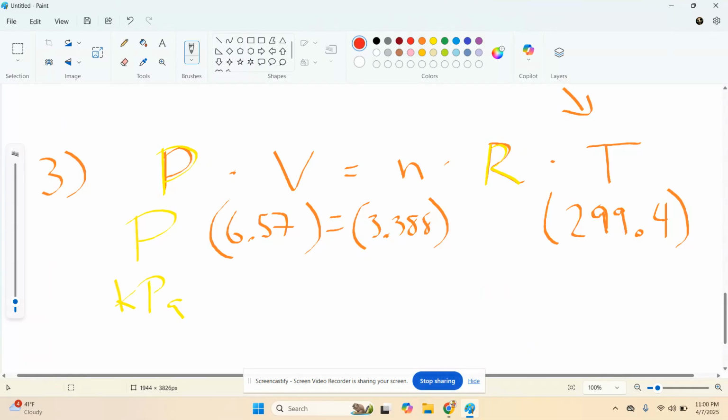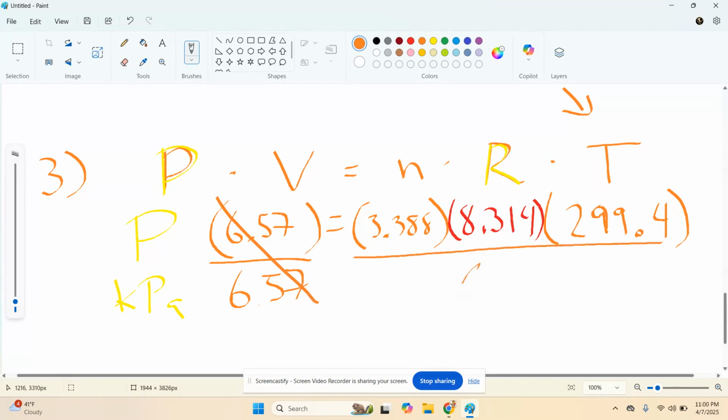So the gas constant is 8.314. In order to solve for the pressure, I'm going to divide both sides by the volume, 6.57.